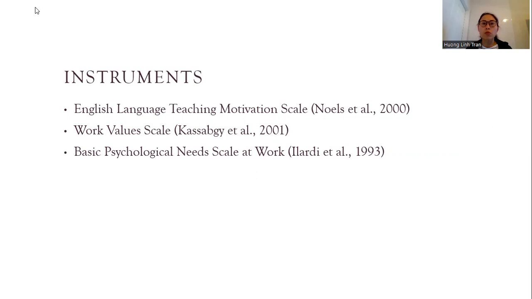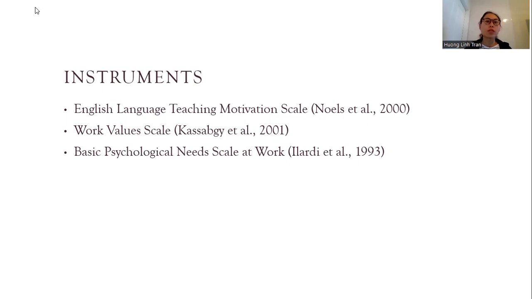This scale includes 20 items categorized into 3 subscales: need for autonomy, need for competence, and need for relatedness. It was developed by Kasser and colleagues, and it was used to examine the strength of teachers' basic psychological needs in the current study. And the final scale is the basic psychological needs scale as well.